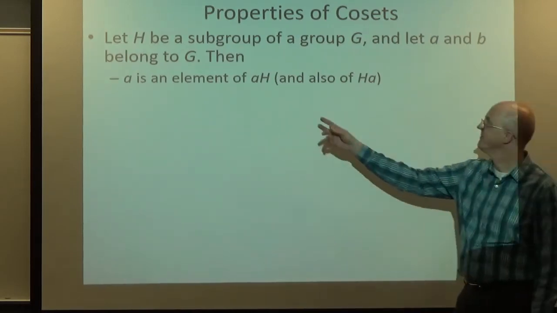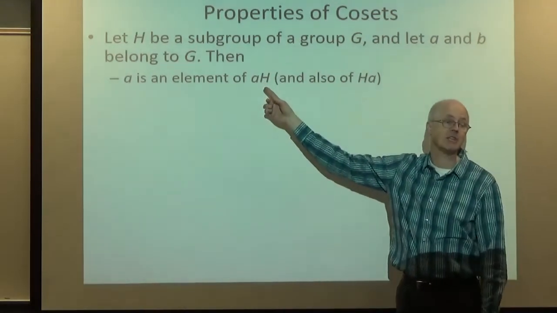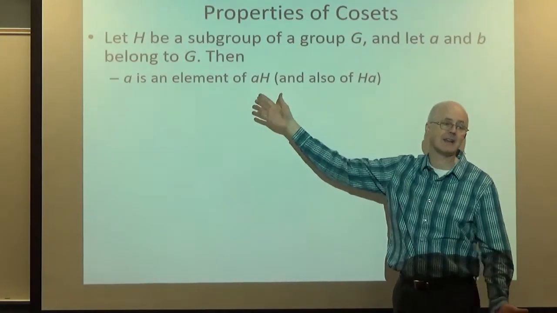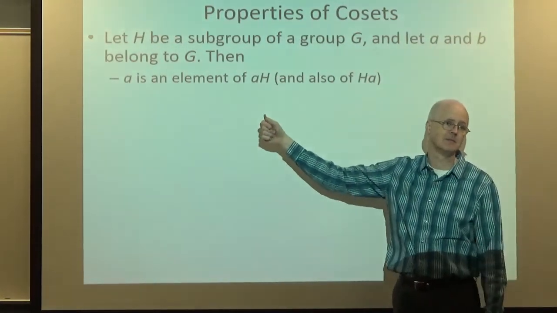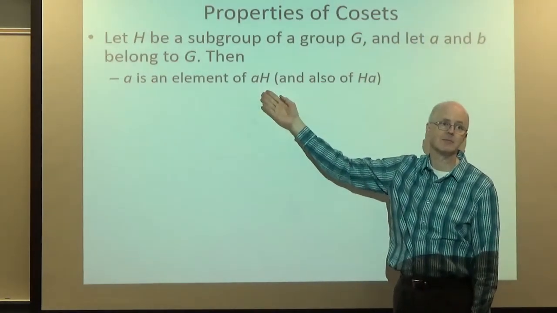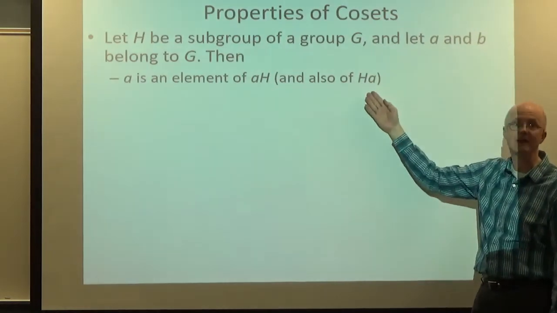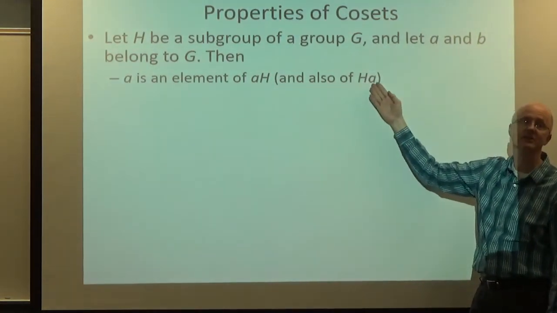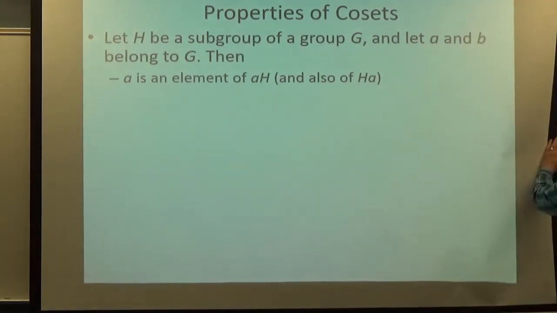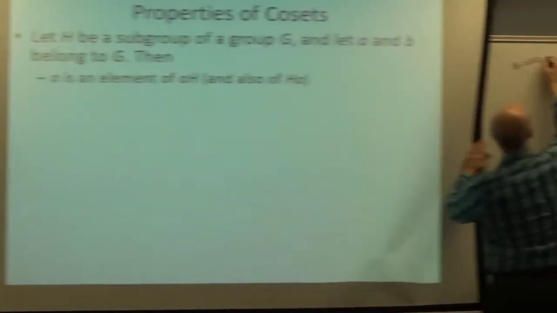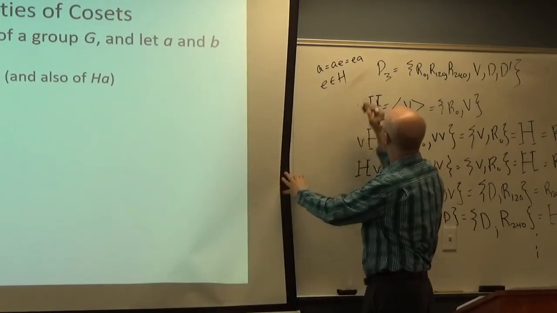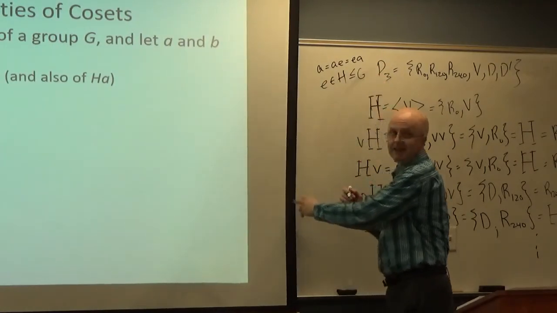Quick proof: since H is a subgroup of G, it's got the identity element in it, E. And A does equal A times E. A is of the form A times something in H. It also equals E times A. It's of the form something in H times A. H is assumed to be a subgroup of G here, so it's got the identity in it.